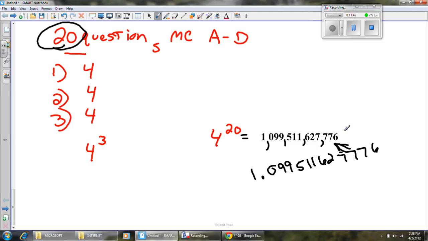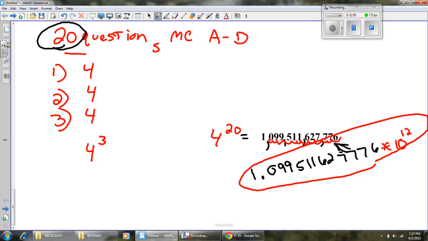Now I'm going to count how many times I moved the decimal. 1, 2, 3, 4, 5, 6, 7, 8, 9, 10, 11, 12. So it'll be times 10 to the 12th power. There is the number in scientific notation.